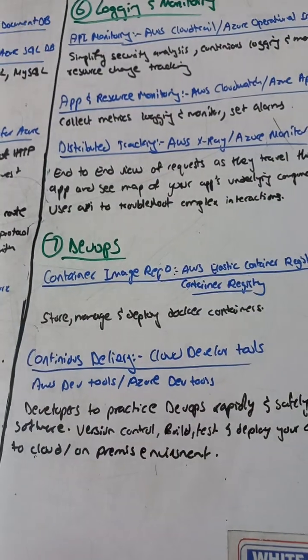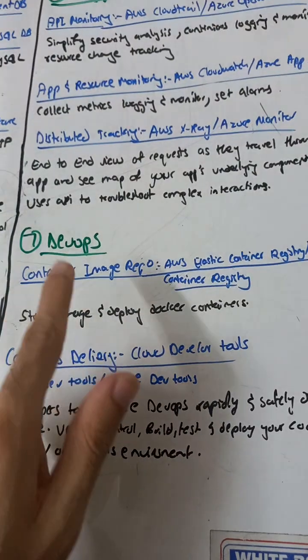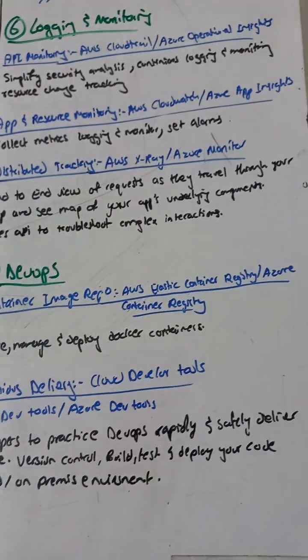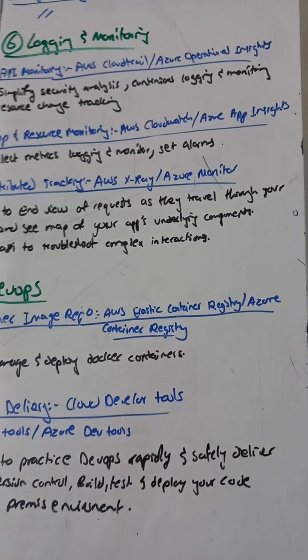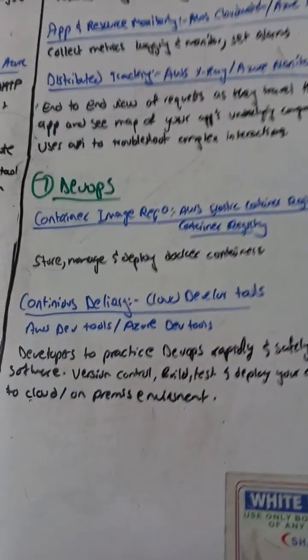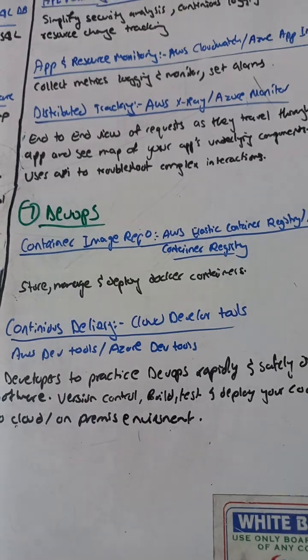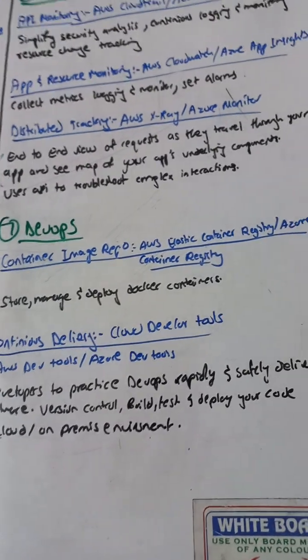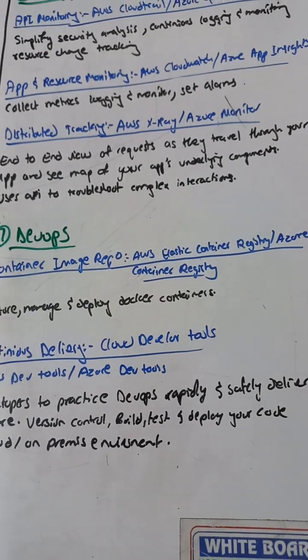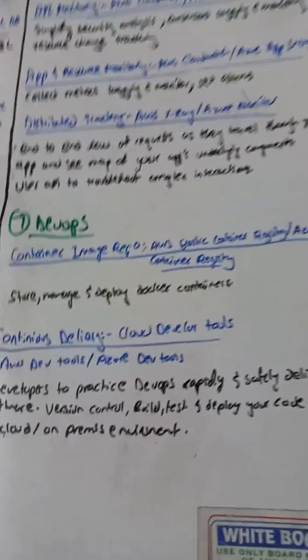Then for DevOps, for container image repositories, you're using AWS's Elastic Container Registry. For Azure, that's Azure Container Registry. If you're using continuous delivery, then you're going to be using AWS Developer Tools or Azure Developer Tools for building, testing, and then deploying your application.